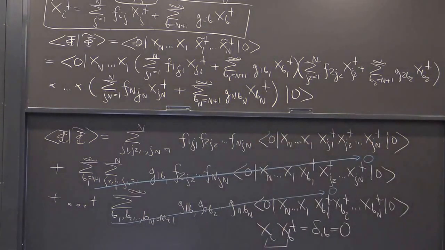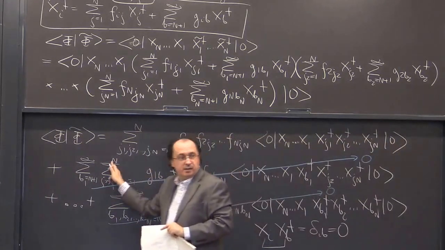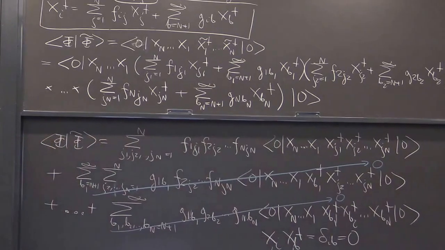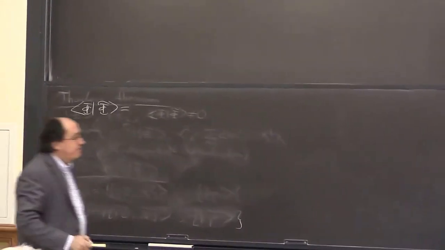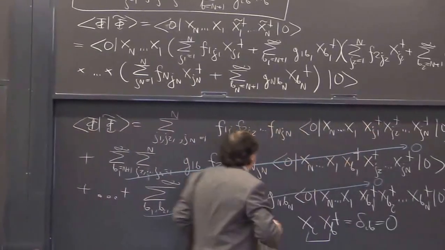In other words, you can make an assumption that these j's are different, because all the situations where some of them are the same will produce a zero result.